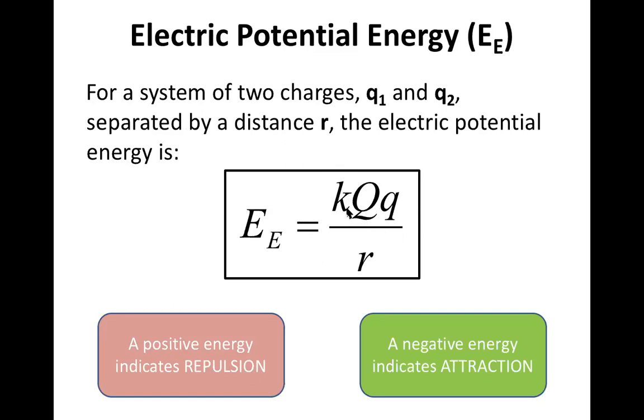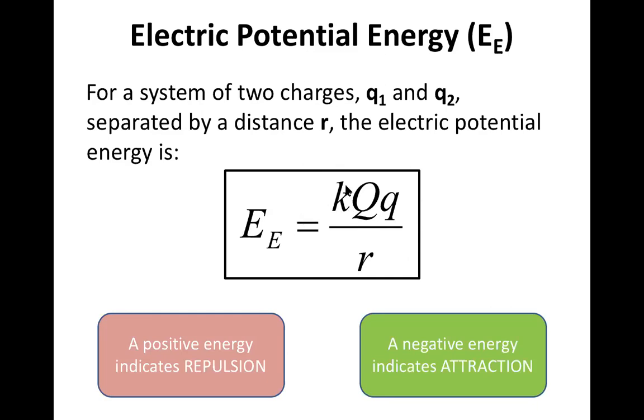So k is Coulomb's constant, and we're going to be using 8.99 times 10 to the 9 newton meters squared per coulomb squared. There are some really useful links that I'm going to refer you to, but sometimes they use 9 times 10 to the 9, and that's only one significant figure. I would accept answers based on that number, but you would have to remember to round your final answer to one significant figure, which is rounding a lot.